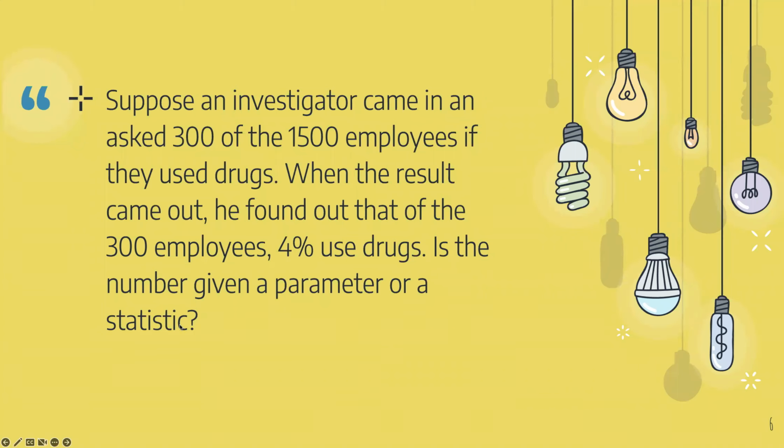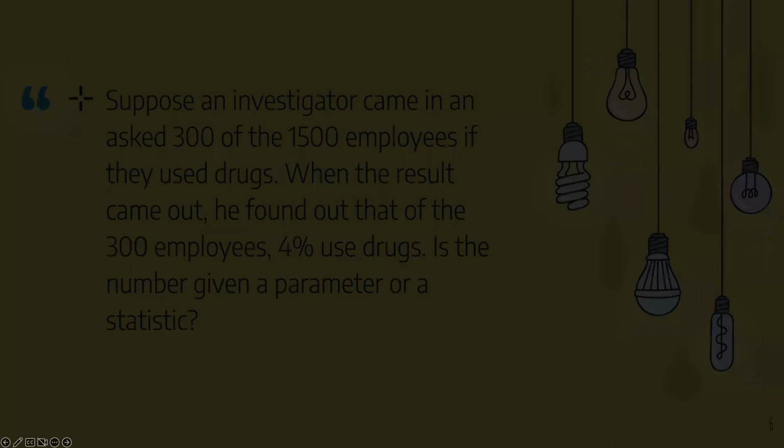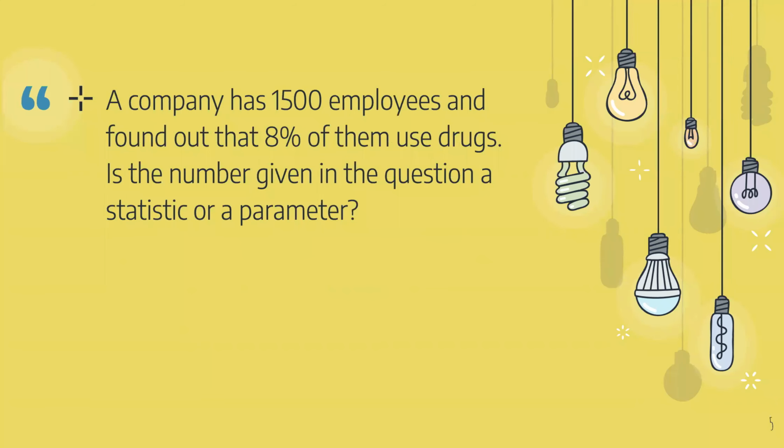All right. So now go back. Here, I'm not taking a subset. I am using the total number of employees in that company, 1,500. So I'm using the whole population. And so the number, that 8%, represents a parameter.